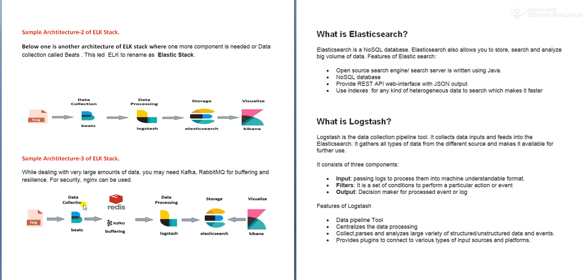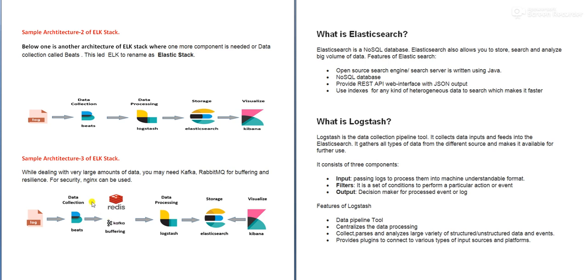Then the third architecture: when we need to deal with a large amount of data, we may need Kafka or RabbitMQ for buffering and resiliency. You can see after Beats we have added a buffering technique like RabbitMQ or Kafka.